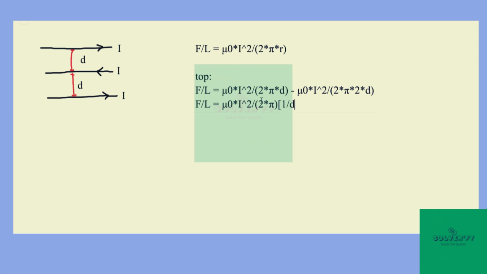Then we have 1 over d from the first term minus 1 over 2d from the second term. When we simplify this fraction and combine the results, we just get mu naught times I squared over 4 times pi times d.